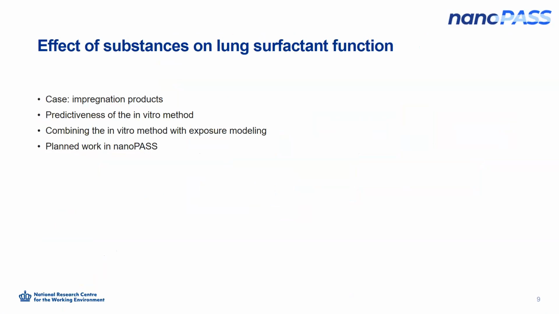So I will tell you a little bit about the background for why we look at the lung surfactant function in a case of impregnation products, the predictiveness of the in vitro methods that we have established so far, how we can combine it with exposure modeling and the planned work in nanoPASS.